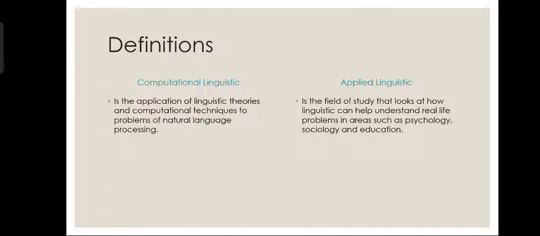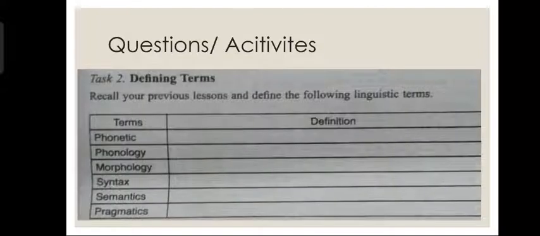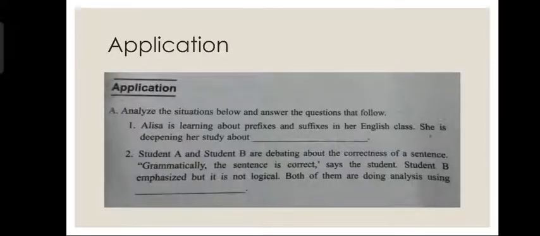So here are the questions and activities that need to be answered. First is defining terms. The terms we need to define are phonetics, phonology, morphology, syntax, semantics, and pragmatics. Next is the application. For the application, let's analyze the situations below and answer the questions that follow.